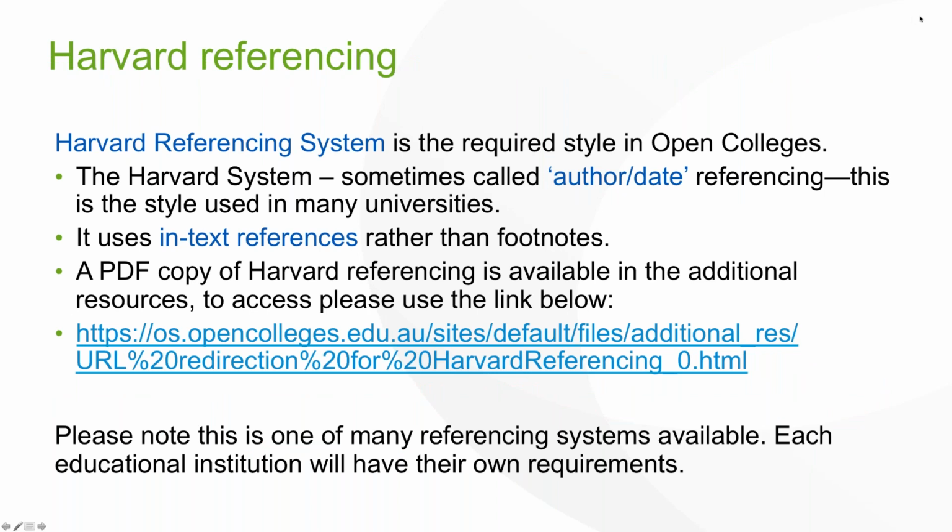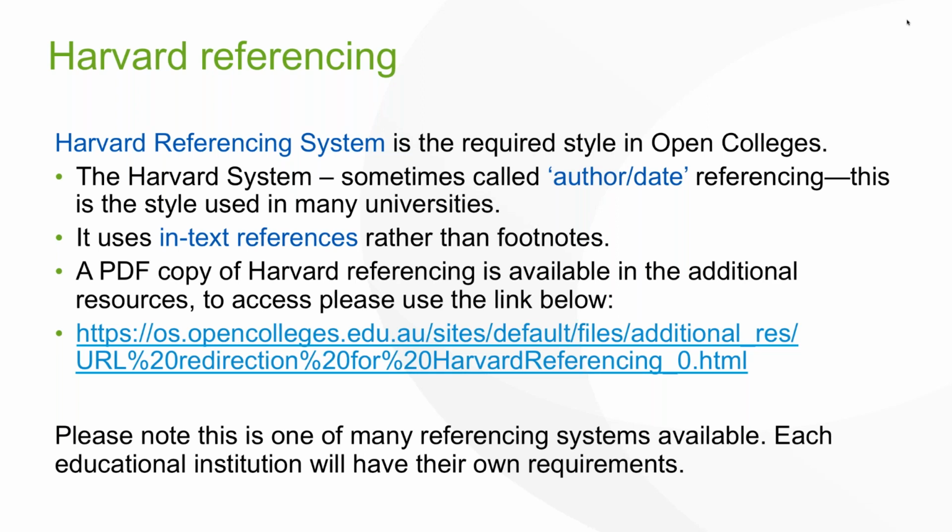So when it does come to referencing, the Harvard referencing system is the required style in Open Colleges, and it's sometimes called author and date referencing. This is a style that's used at many universities. So if any of you have ideas of potentially moving into tertiary education at a later stage, it's good to get into the habit of referencing now.